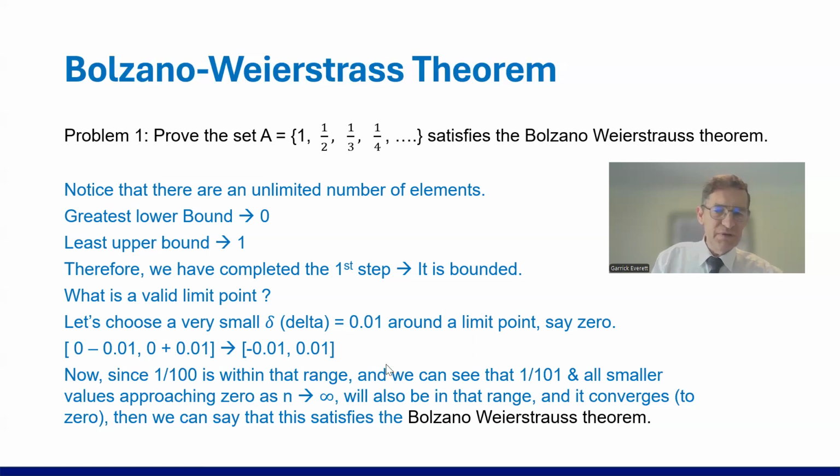You could have done it equally the opposite way, but it's easier to do it in this sense, to go towards 0. So show it's bounded, and then use the logic within the range to show that it's going smaller and smaller. That approaches 0 as n approaches infinity, and therefore it converges. And therefore we can say it satisfies the Bolzano-Weierstrass theorem. So that's how it works.